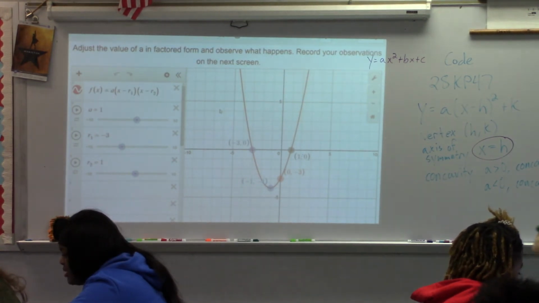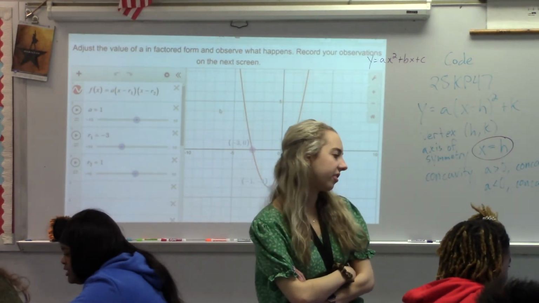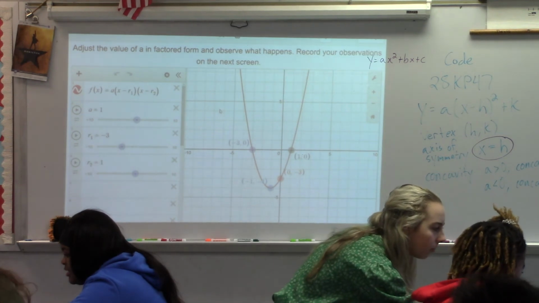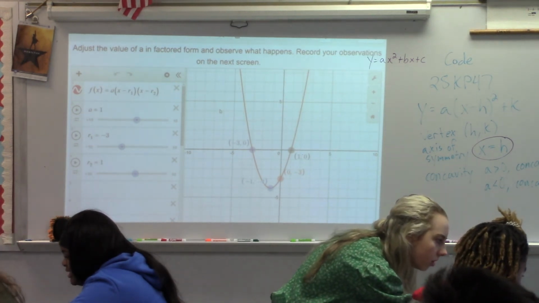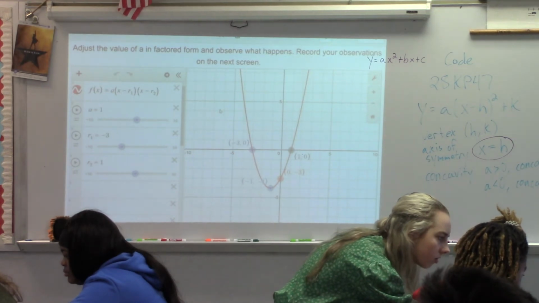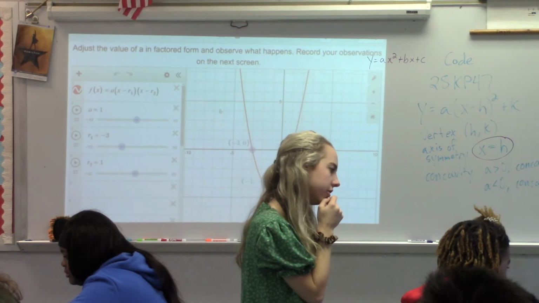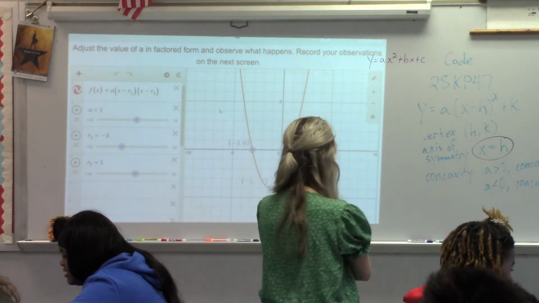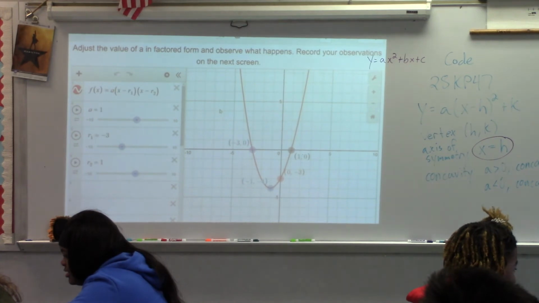I'm asking you what point intersects the x-axis? Would a y-intercept intersect the x-axis? Look at these here. Which point do we talk about when it intersects the x-axis?